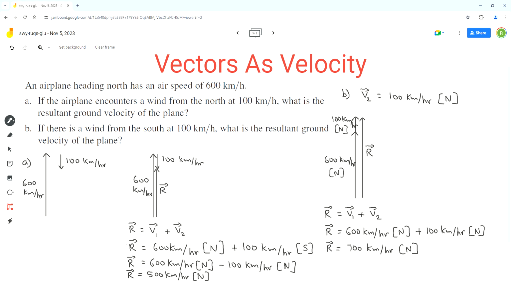So this is the resultant ground velocity of the airplane for part B.